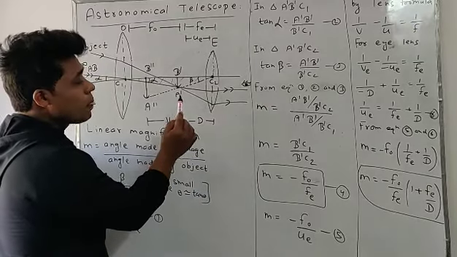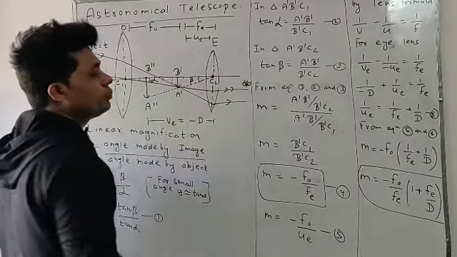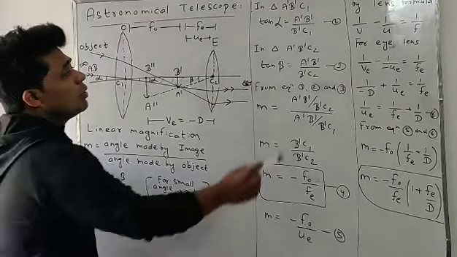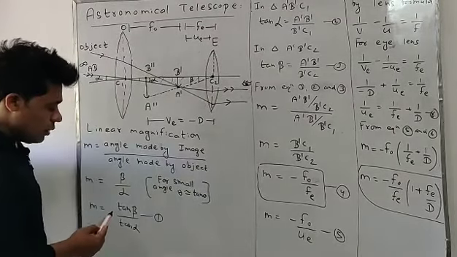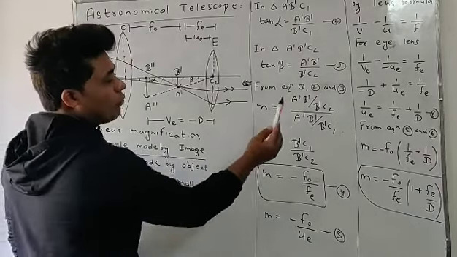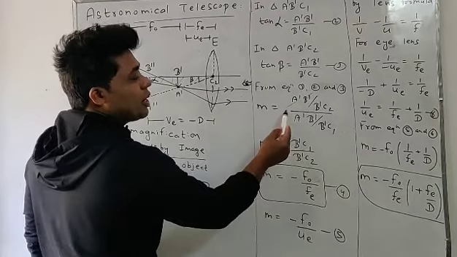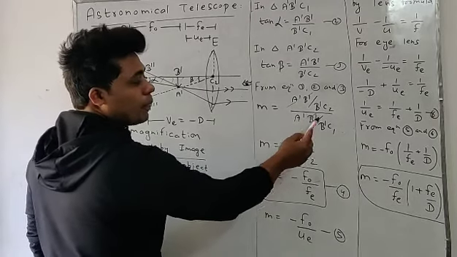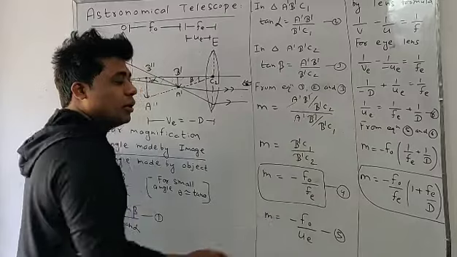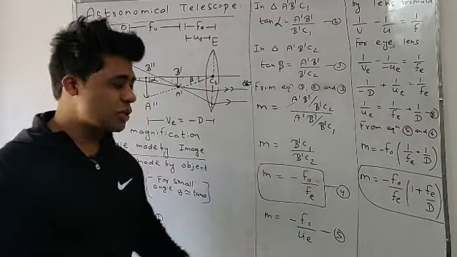The perpendicular is A dash B dash and the base is B dash C2. Now put that tan alpha and tan beta in equation number one. A dash B dash cancels out. B dash C1 comes in multiplication, while B dash C2 will remain in the denominator.